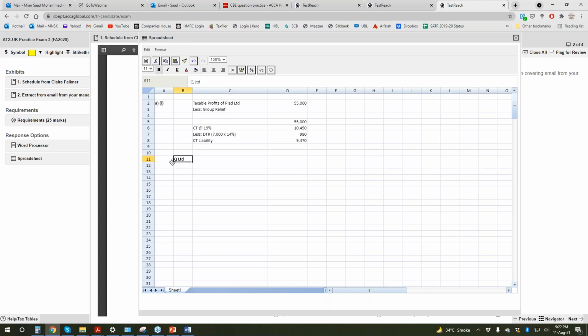And for P Limited, we have to work for both years as well. So what I will do is, I will start from here. And there are 2 years, that is 2021 and 2022, for which we have to perform the calculations.